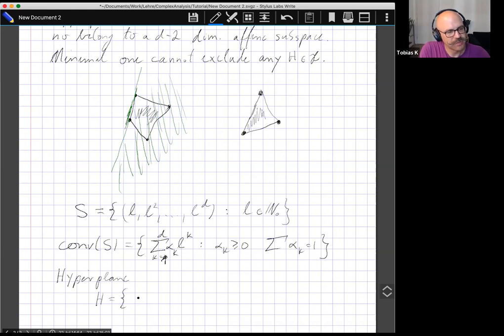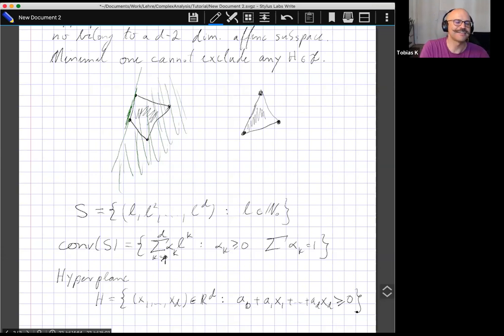It will be all vectors in R^D such that a0 plus a1 x1 plus up to aD xD is, let's say, greater or equal to 0.